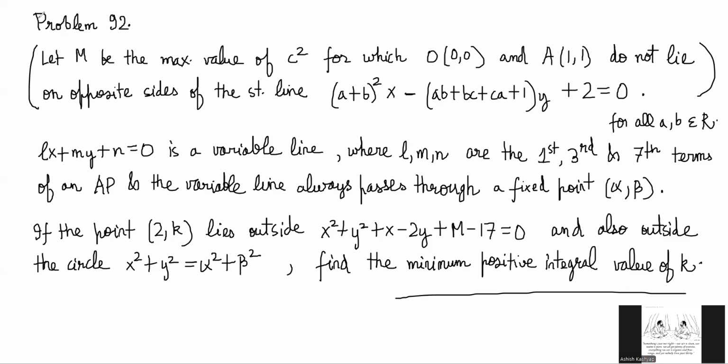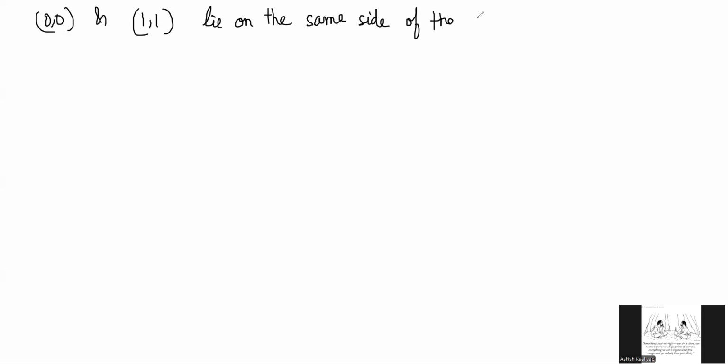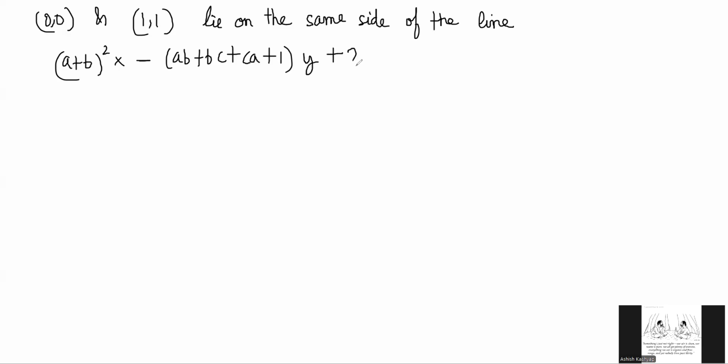Here we know that the points (0, 0) and (1, 1) do not lie on opposite sides. So they must lie on the same side of the line. And the line equation was given as (a plus b) whole square x minus (ab plus bc plus ca plus 1) times y plus 2 equals 0.